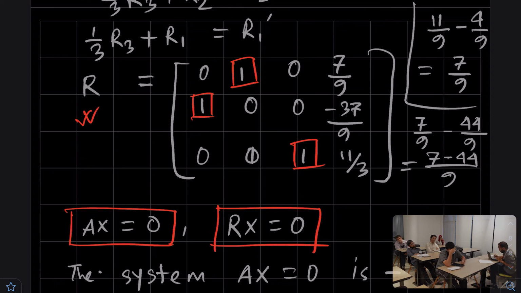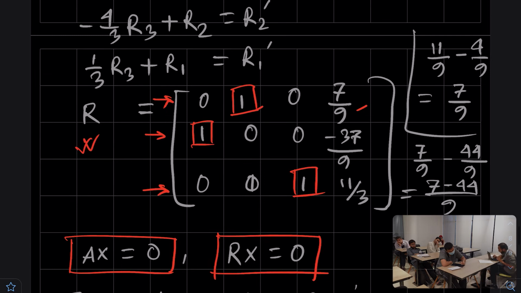Now take a look again at this matrix. Row 1 is a non-zero row, right? There are some entries here and here that are not zero. The first non-zero entry is 1. In the second row, the first non-zero entry is again 1, and in the third row, the first non-zero entry is again 1.